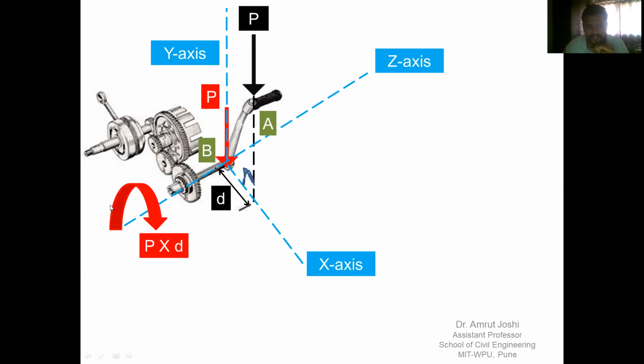I define the product of the magnitude of force P and this perpendicular distance d as the moment of force P in the xy plane about the z axis at point B. This is not very hard to imagine. So by definition, the moment of force P acting at A, at point B about the z axis, is P into d.